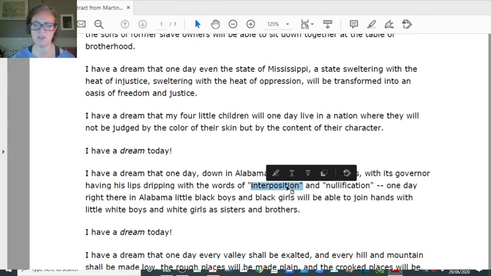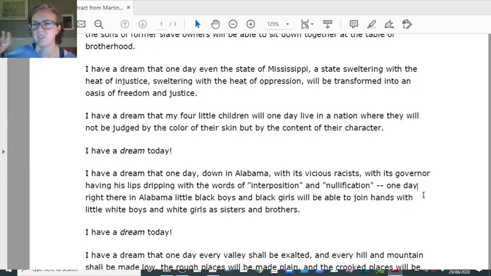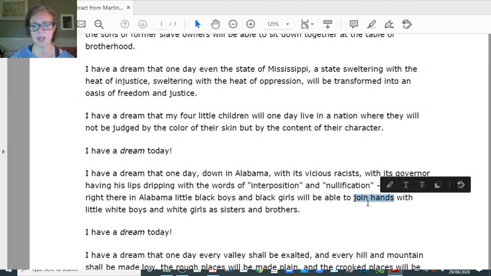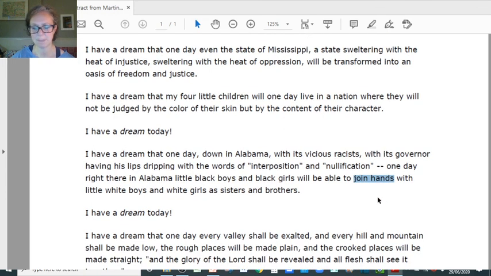He loves the words interposition and nullification. So he loves standing in the way of justice. And then again, these little boys and little girls, able to join hands together as brothers and sisters. I think that's a beautiful bit of emotive language.